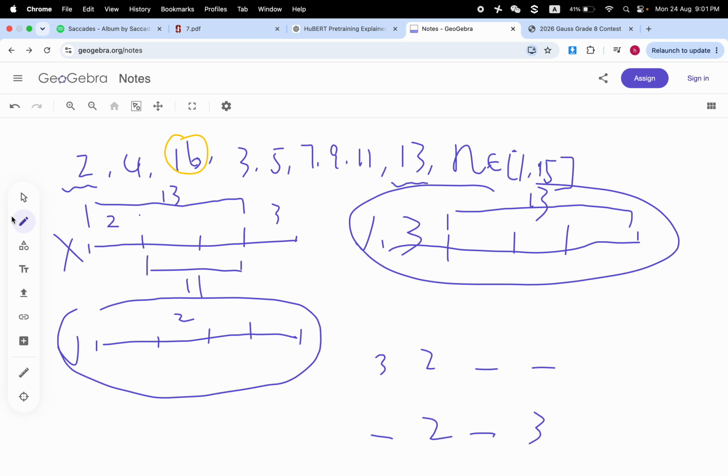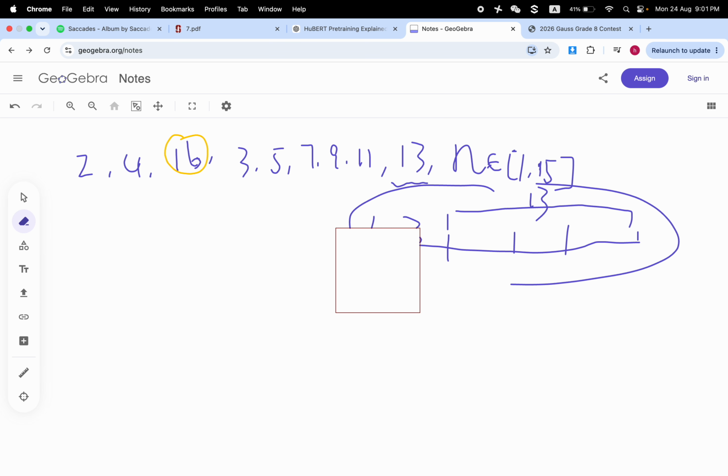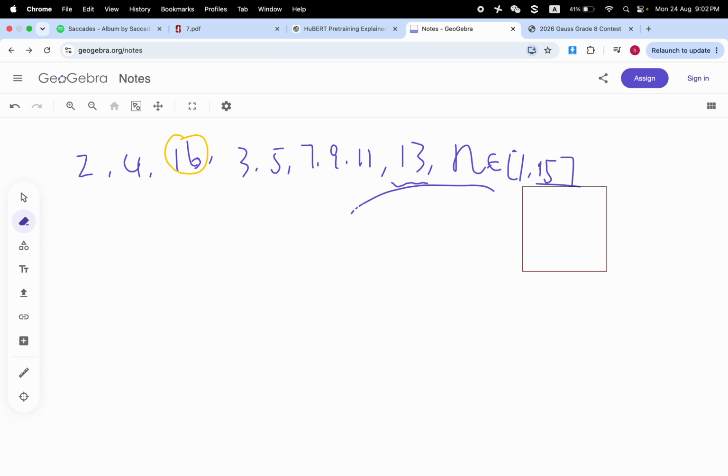I'm gonna erase everything. Take a final look at this. And then I'm gonna erase everything, and we let it be larger. So this problem is actually just a lot of deduction, a lot of casework.